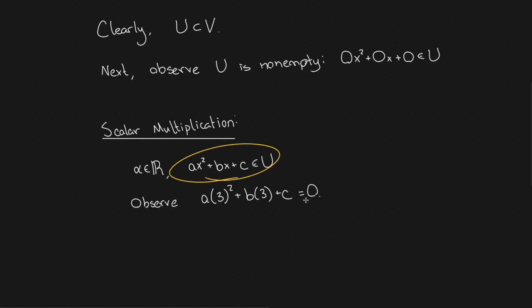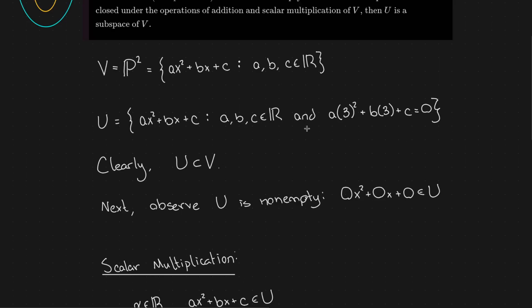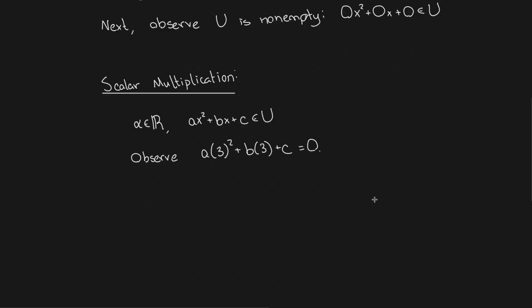Because this polynomial is in U. And that's one of the conditions we have of being inside subset U. Okay, is that if I plug 3 into x, I get 0. We need to check that if we multiply by alpha, that still holds.